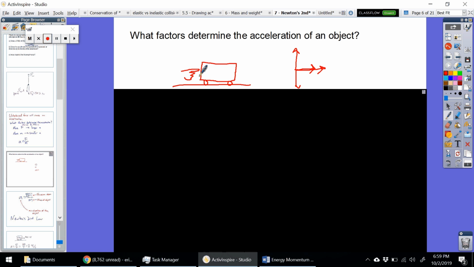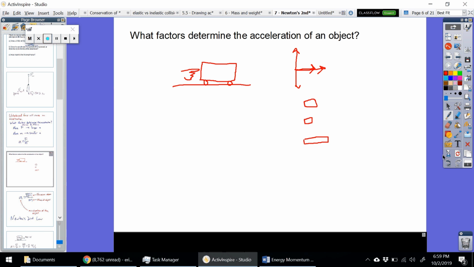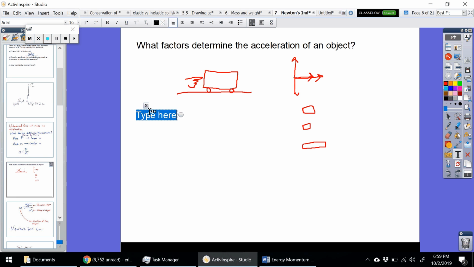That intuition is totally correct. So yes, one thing we can say is that the force affects the acceleration, such that more force means more acceleration, all right?